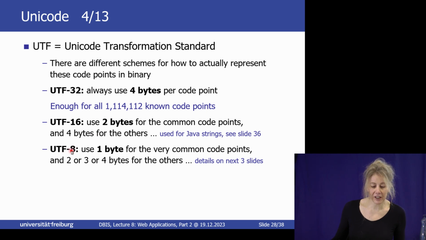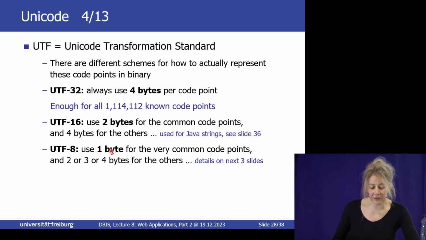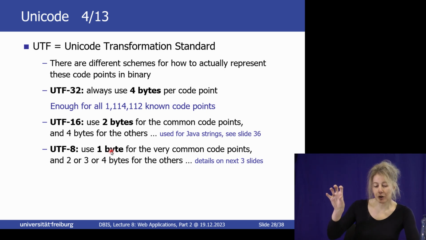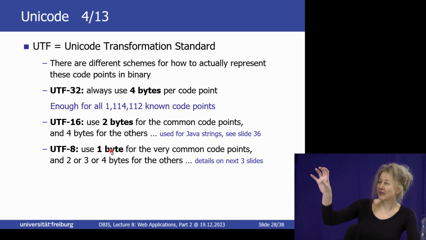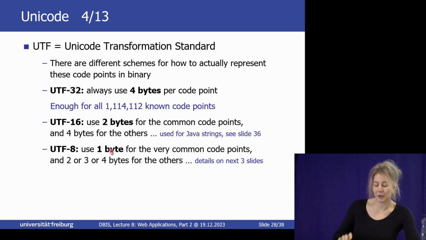And then there's UTF-8. That's what everybody uses for a long time now already. You just use as many bytes as you need, basically. So 1, 2, 3, or 4. And this encoding I will now explain. And now, of course, your encoding has to be such that you can see by just looking at the bytes, is this a 1, 2, 3, or 4 byte code?